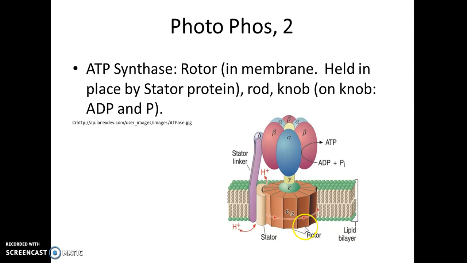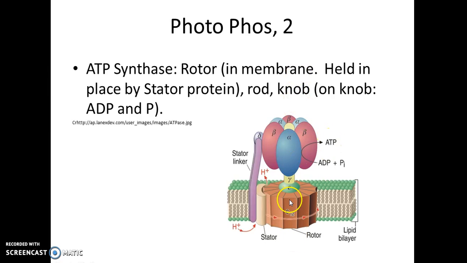Now this is another example of a wheel, because as the hydrogen ions move through, I don't know if you can see this here, it's going to rotate. And as it rotates, it's going to physically shove a phosphate onto an ADP to form ATP right here.